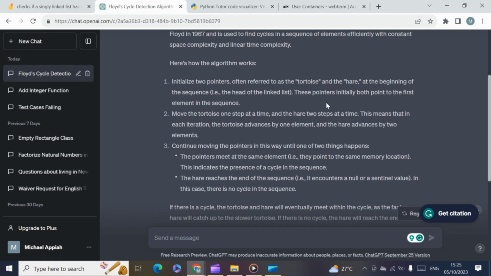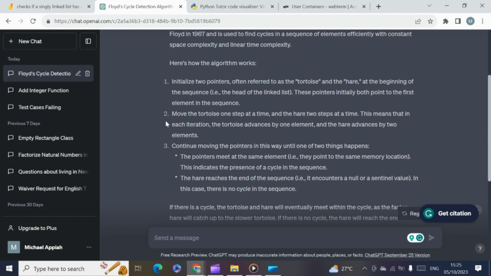These pointers initially both point to the first element in the sequence. So we have two pointers, and at the initial stage both will be pointing to the very first element in the list, right?